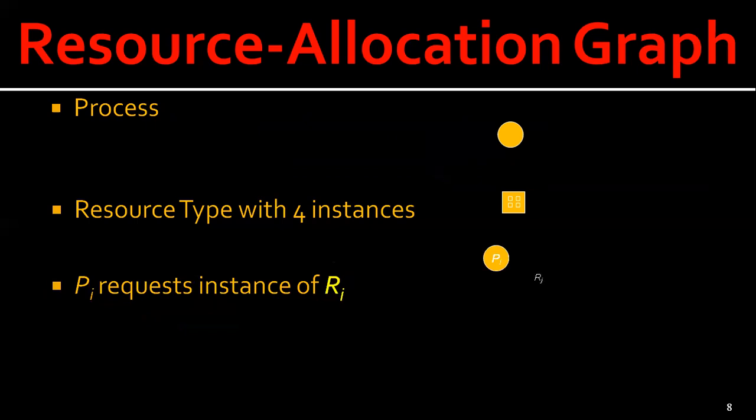Here, Pi requests an instance of Rj, so there is an arrow from Pi to Rj. The process Pi requests an instance of resource type Rj.